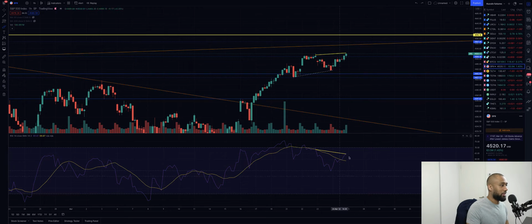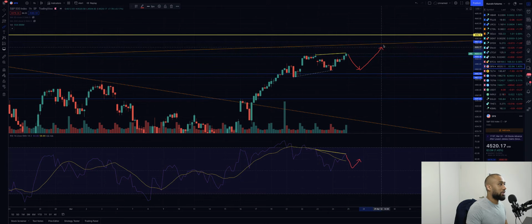Sorry guys, my bag. So we have some type of bullish divergence setup where we have a double bottom, and then we have a higher low on the RSI. That is a good sign. So that's why I'm not too concerned if we have a pullback tomorrow. If we pull back to a double bottom, that'll be good.